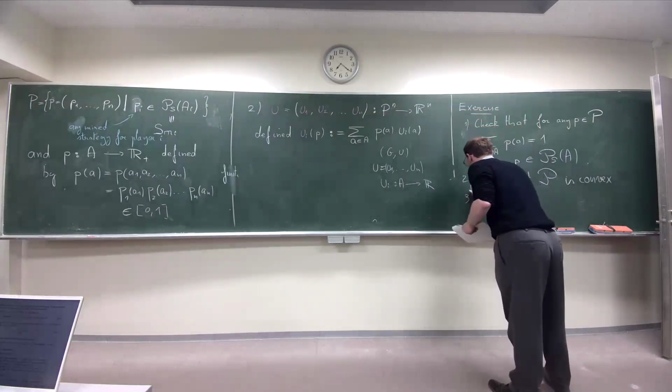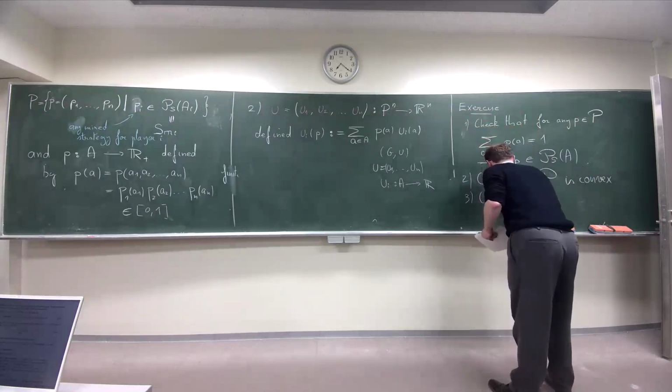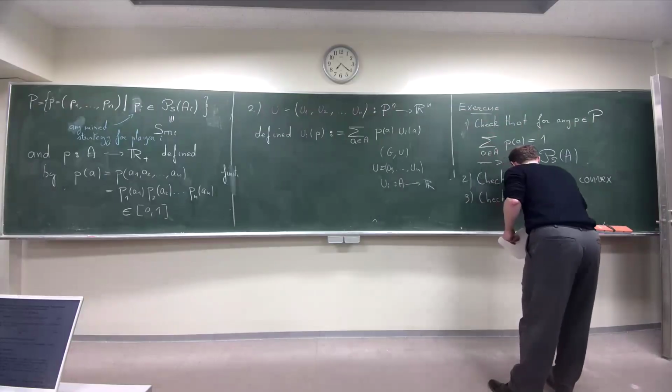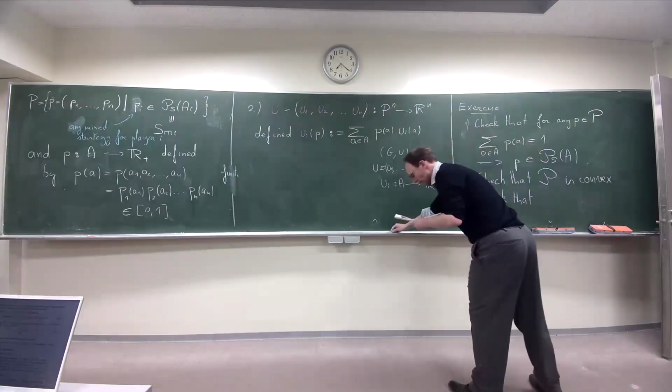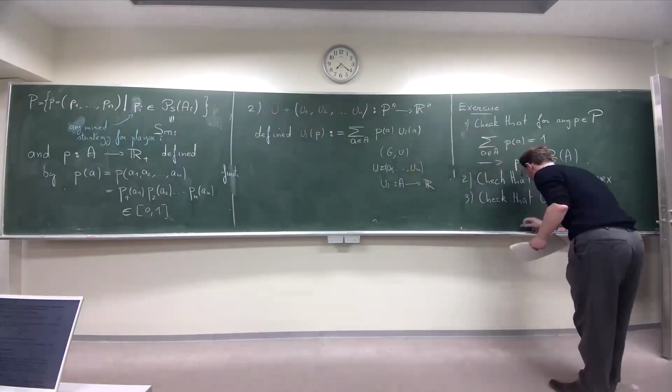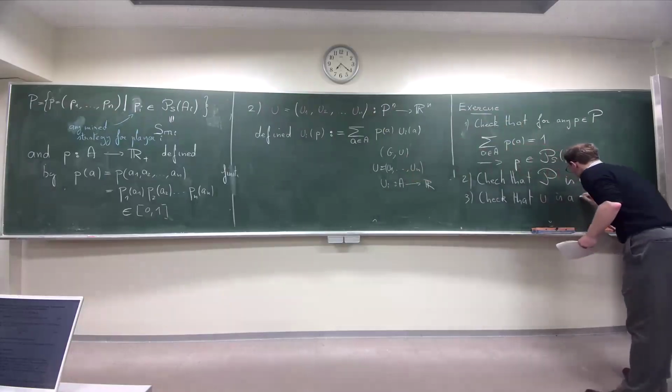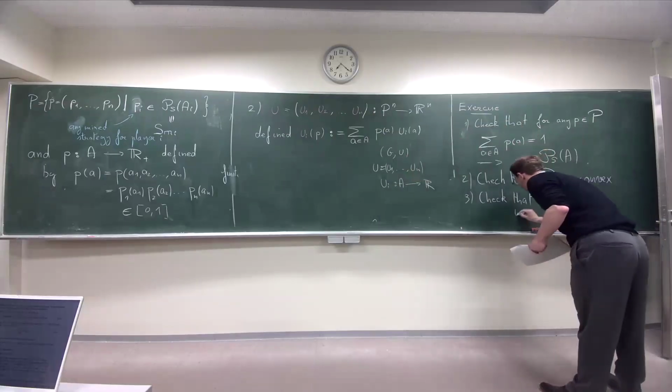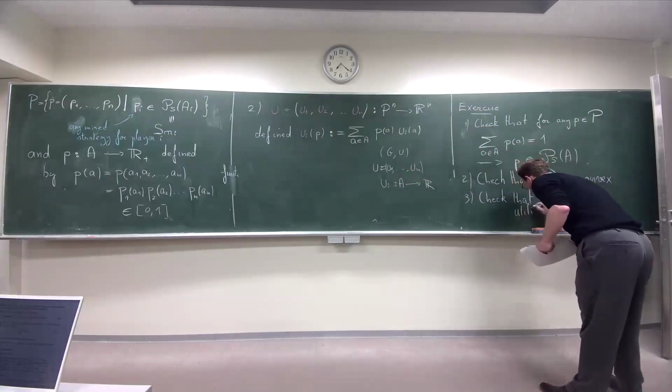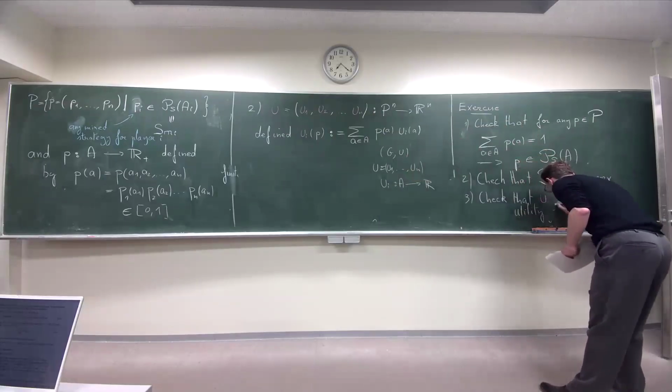And third, check that this capital U_i is a linear utility function. I encourage you, it's not difficult. This exercise is not difficult.